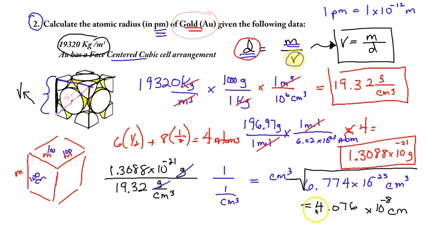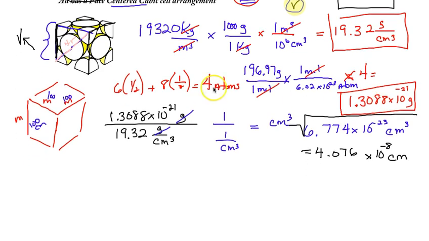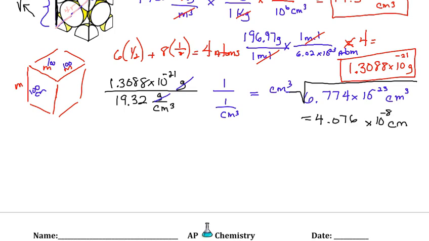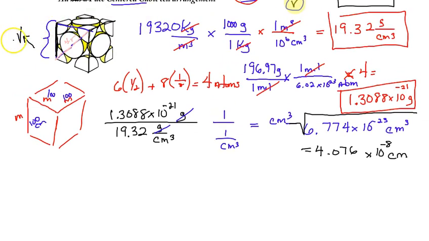We can convert to picometers and keep going, but I'm going to do that at the end. It does not matter which one you do. So now I'm going to take this magic number, which is the lattice constant. Now think with me. We have the length right here. I want to use some basic math to find the hypotenuse. Why? Because I know this is 4r.